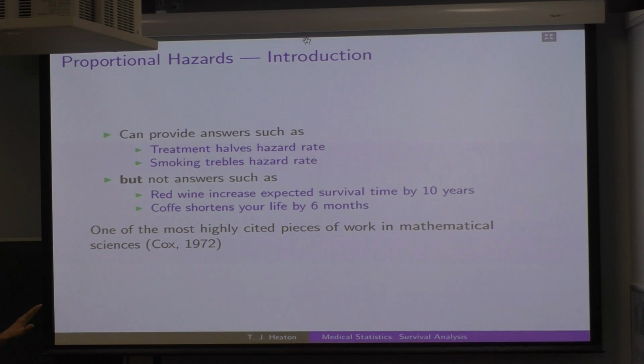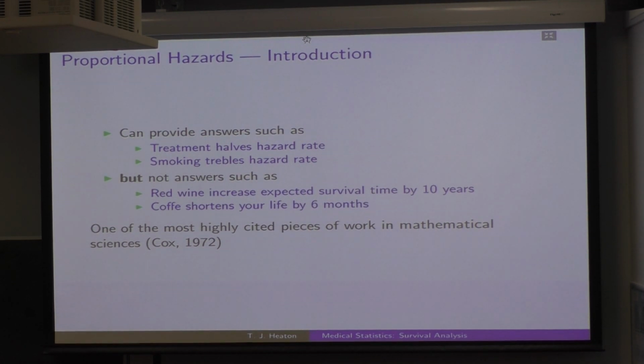But it can't say something like: if you drink 1 glass of red wine a night, then that increases your expected lifetime by 10 years, or if you drink coffee, then that will shorten your life by 6 months. So it can't answer the last kind, but it can answer the first sets of questions.